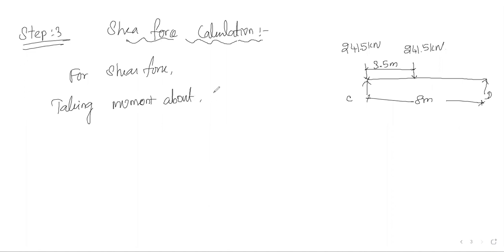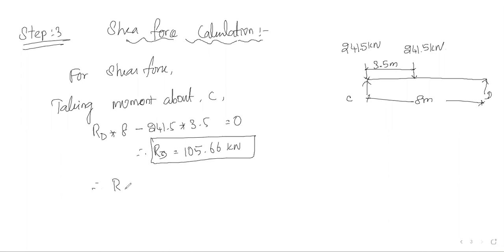about C. So RD into 8 minus 241.5 into 3.5 is equal to 0. Therefore, RD is equal to 241.5 into 3.5 divided by 8. It becomes 105.66 kilonewton.